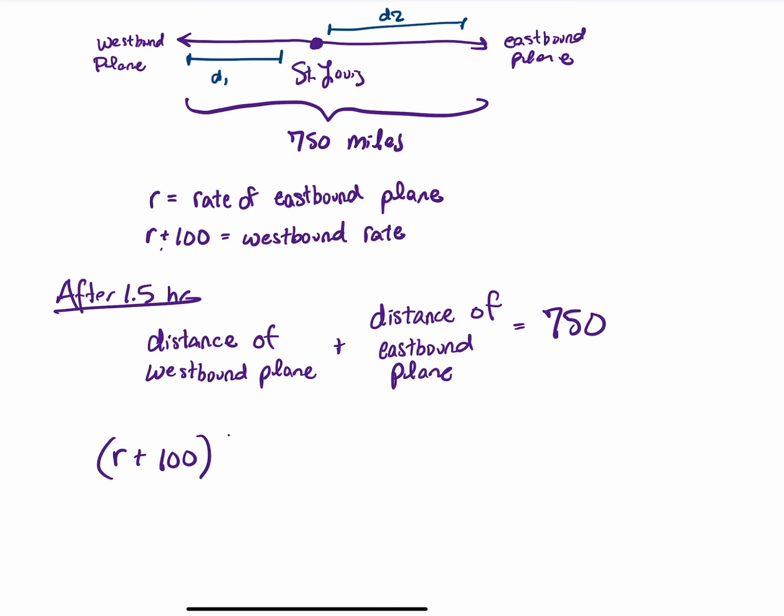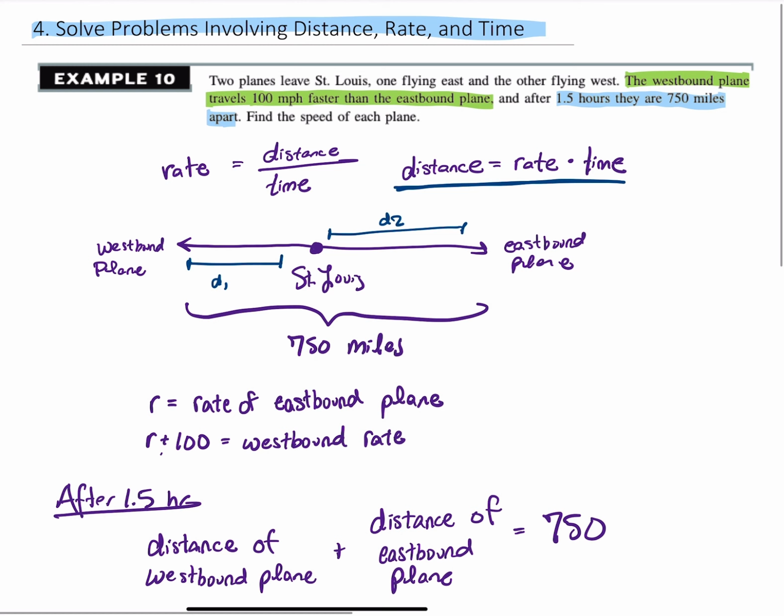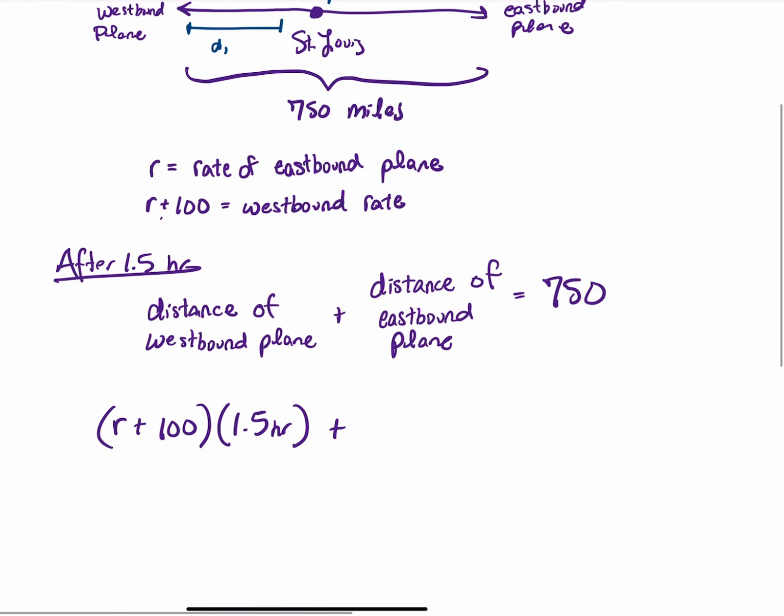And the time has been 1.5 hours. And then the distance of the eastbound plane, also rate times time. And we said the eastbound rate was just r, and the time is 1.5. So this should be equal to 750.